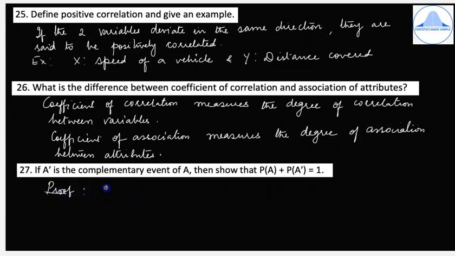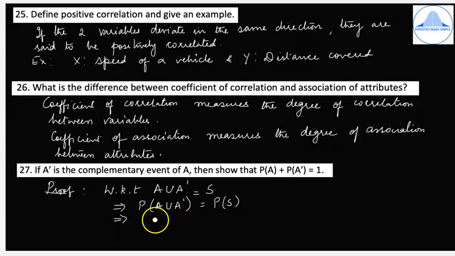We are aware that A union A dash is always equal to the sample space S. So if A is an event and A dash is the complementary event, then A union A dash will always give us the sample space S. So considering probability of A union A dash, this will be equal to probability of S. So which implies P of A union A dash, using the addition theorem of probability, is P of A plus P of A dash, and because A and A dash are mutually exclusive, P of A intersection A dash will be 0, and this will be equal to probability of the sample space, which is always equal to 1.